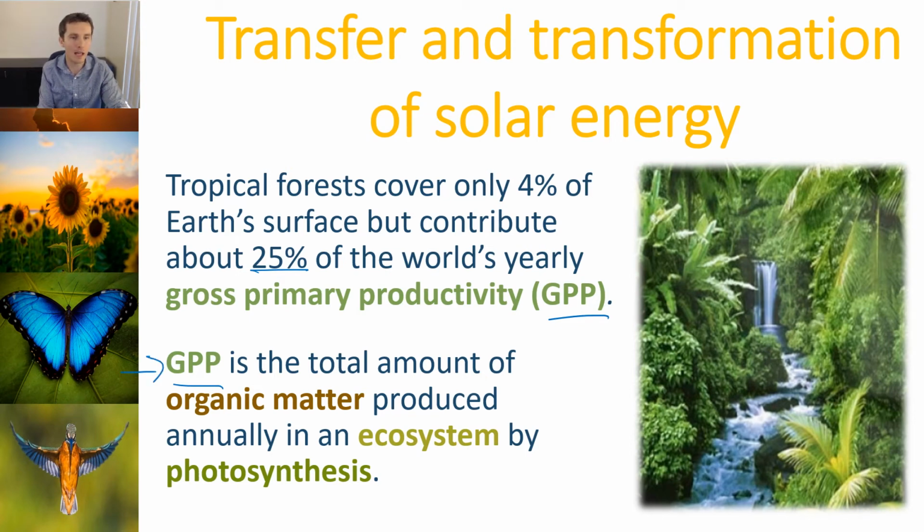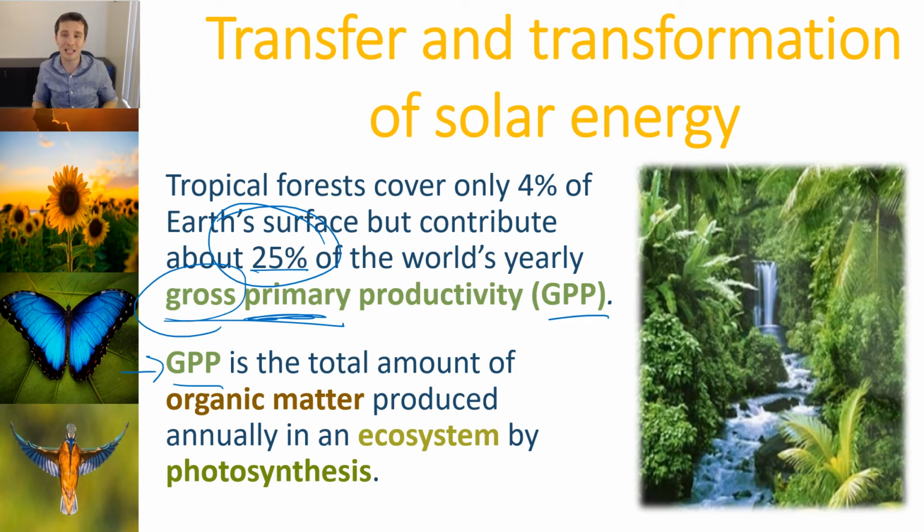When I talk about the gross primary, this is referring to plants, those producers, the very first stage of productivity. So when I look at all the rainforests in the world and the amount of organic matter that they produce on an annual basis, I'm saying that that's about 25% of the total primary productivity in the world.